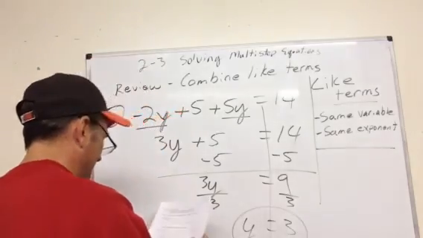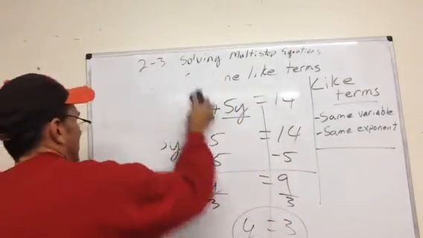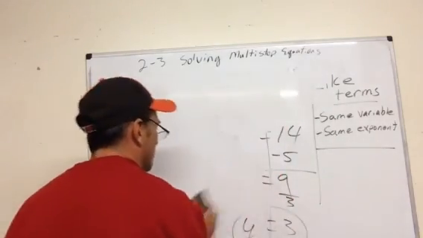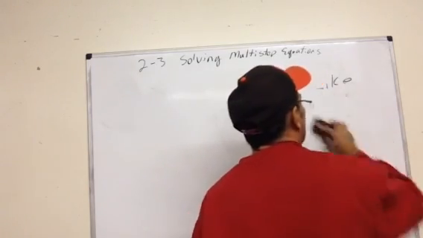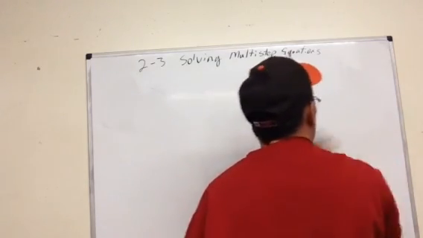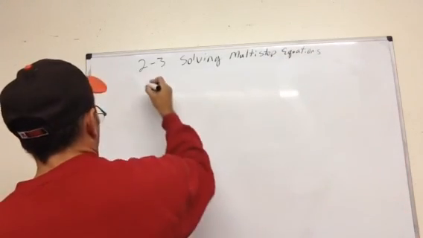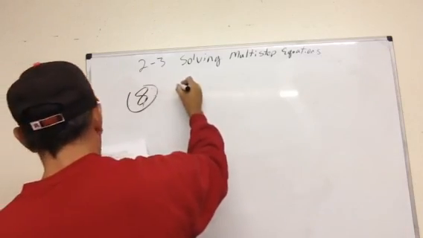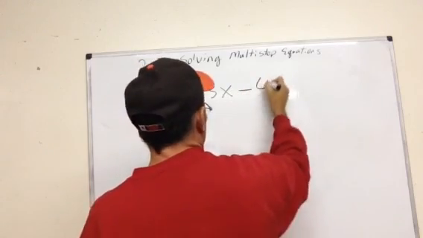Now let's skip ahead. The next part says distribution. Thinking about distribution, and we've worked with this quite extensively over the last couple of years in math, hopefully. What if we have something like this? This was problem 8 in your notes. 7 parentheses 3x minus 4.